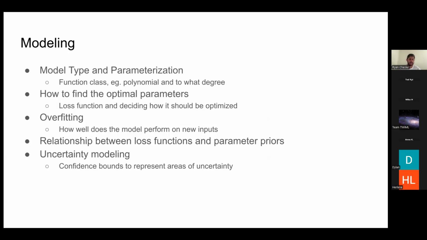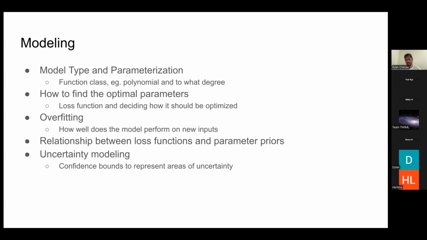The next section is talking about overfitting. In theory, you want your model to not just represent your training data as well as possible, the data that you've measured before. You want it to also work well on new inputs. If you said, I've taken 100 data points, but now I want to interpolate between those, if you have values at 2 and 3, you want to know what's at 2.5, for example.